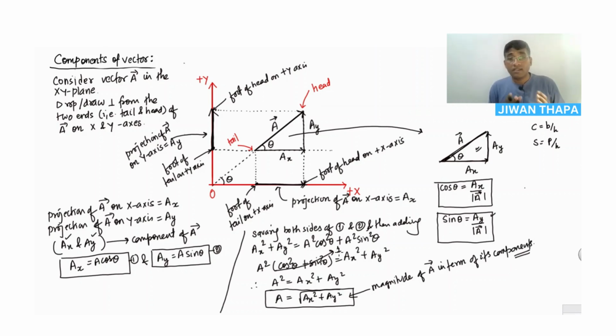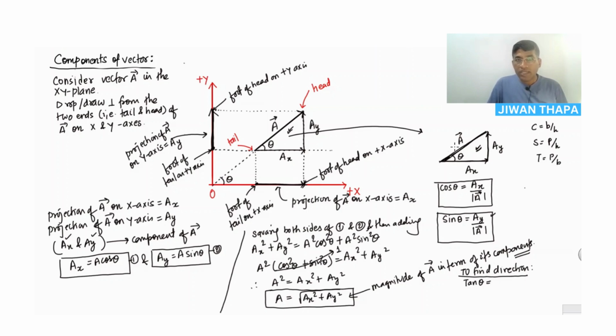Now let us find the direction. In order to find the direction, let's come to this triangle once again. We know tan theta equals perpendicular by base.